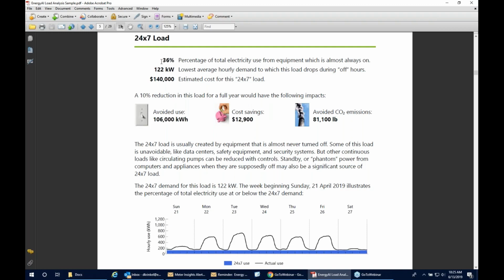In office buildings, for example, we often see this number hitting 50%, particularly if they have a server farm or whatever, computers running 24/7. Healthcare, those of you who work with healthcare facilities, we will see 24/7 load, 60% sometimes, and often not a lot you can do about it.